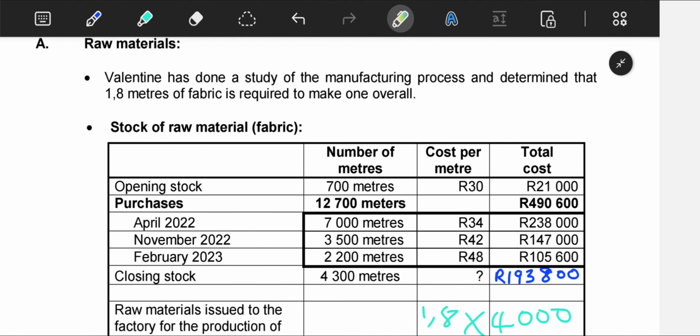In April, we bought material costing 34. In November, 42. In February, 48. So you see there is an increase. So why don't we look for material that we bought for 30 rand, or at least 34? Those are some of the advice you can give, and any that you can think of.